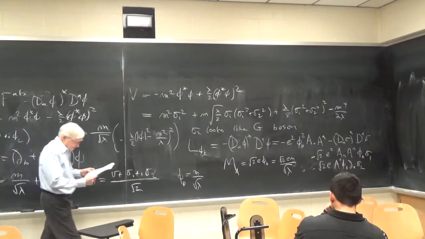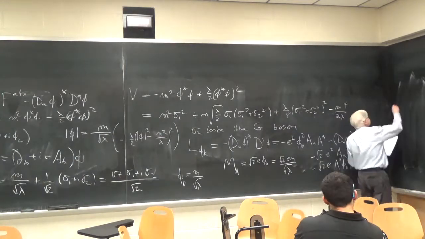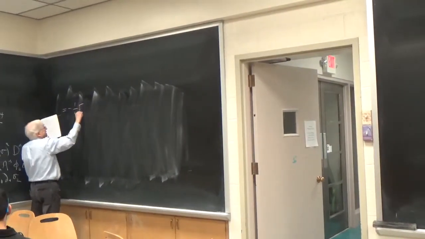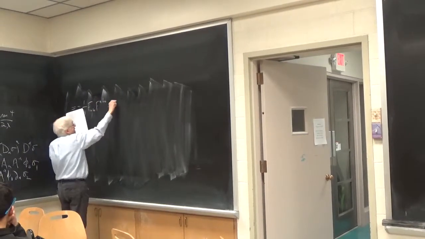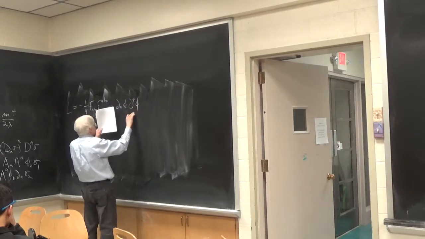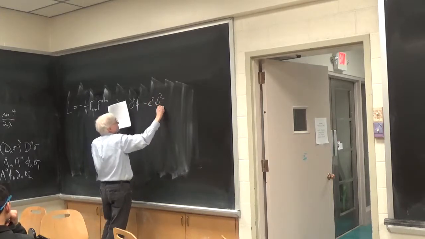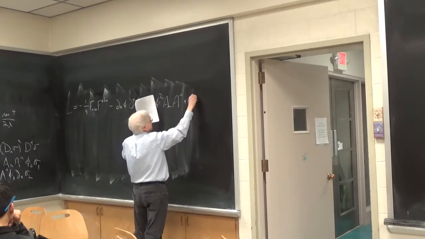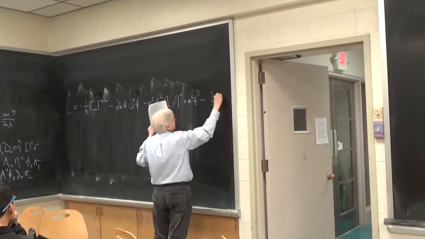And when you do that, you find out that the Lagrangian is then minus a quarter F_AB squared, minus d_A phi squared, because phi, the scalar field, is just real, minus e squared phi squared A_A squared, plus m squared phi squared minus lambda over 2 phi to the 4th.